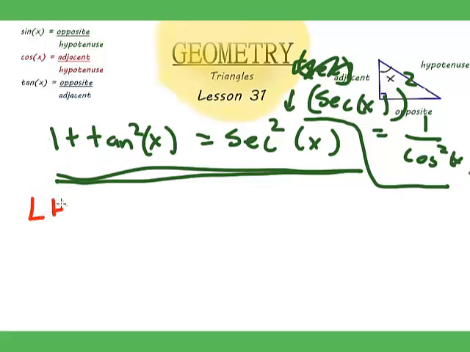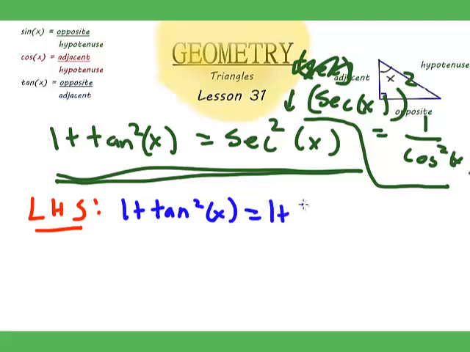From the left hand side, we get 1 plus tan squared x. Tan x, from a last identity, we can write as sine x over cos x.